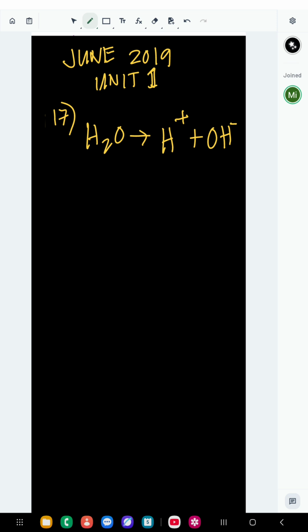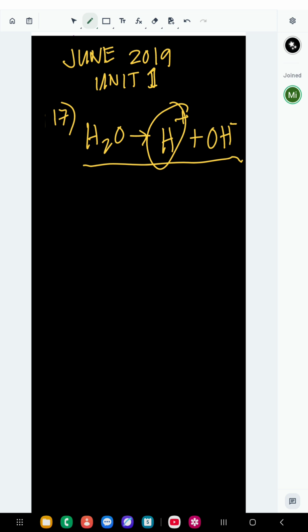So what type of bond breaking? We're given this equation. Water here is dissociated into hydrogen ion and hydroxide. So that means the type of bond breaking where one atom takes both electrons.